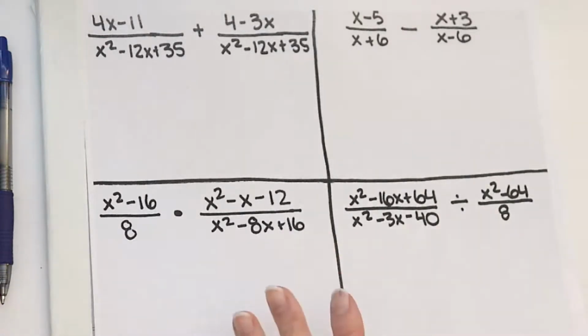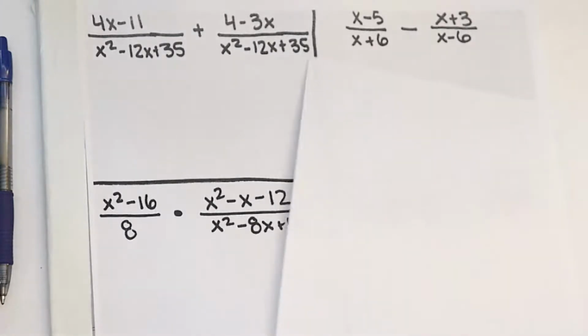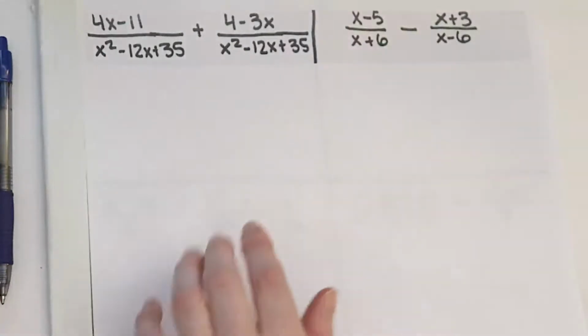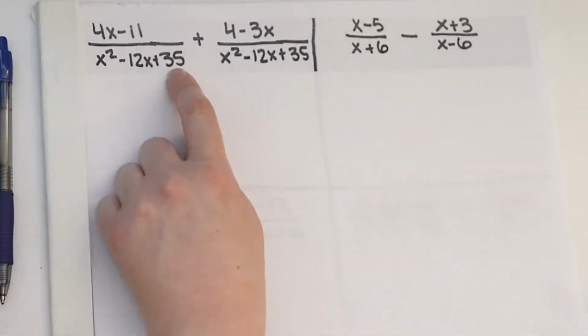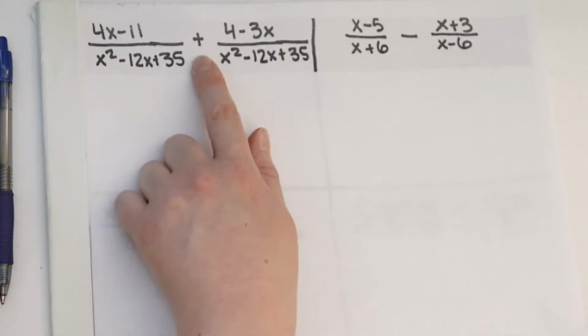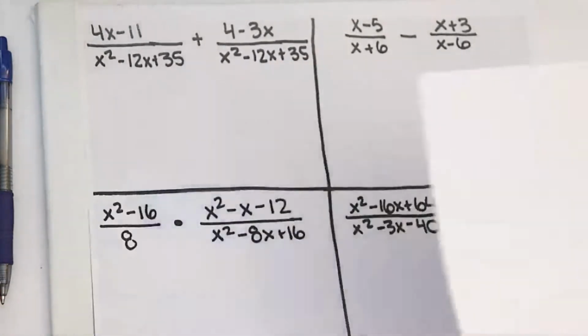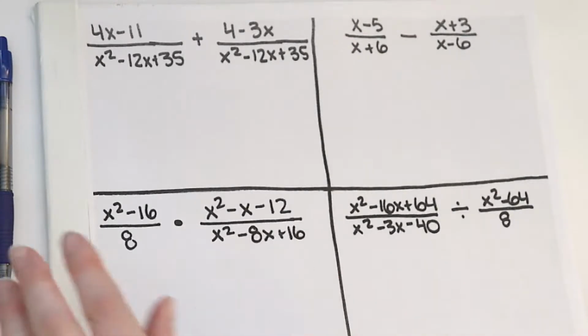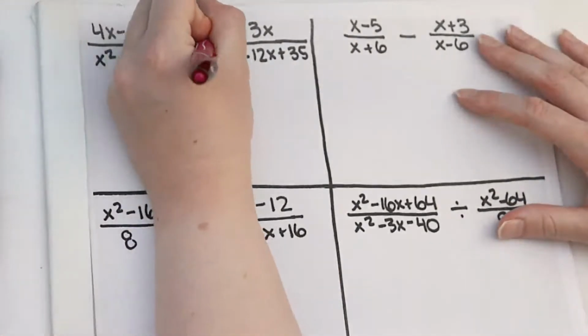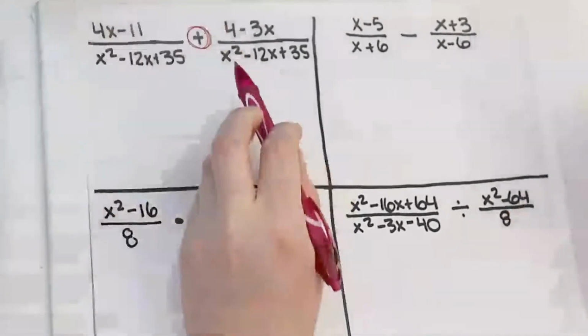I don't know what exactly was going on there, but these are the review cards that we're going to be going over. This first one is 4x minus 11 over x squared minus 12x plus 35, and then you're adding that to this other fraction. On your test 4, when you're working through this, you're going to first emphasize that addition sign.